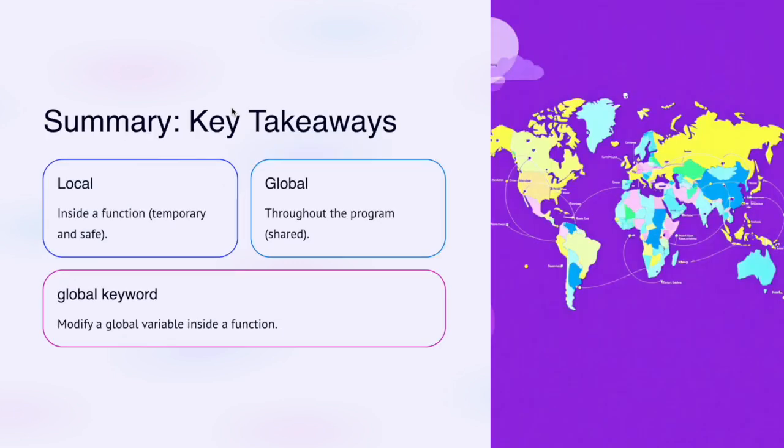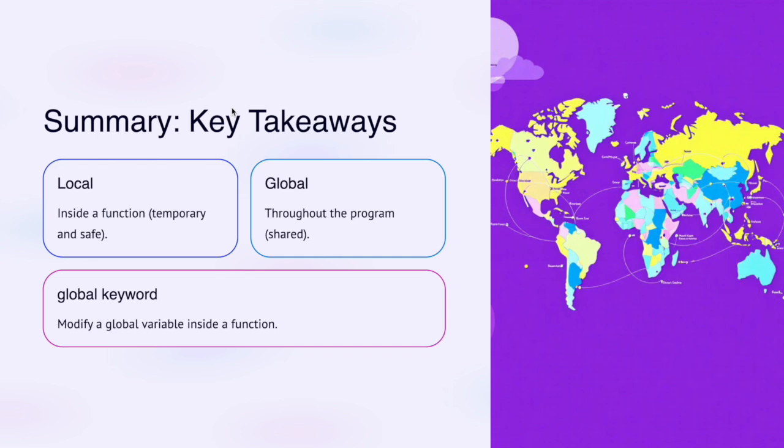So what are the key takeaways? Local variables get defined inside a function. They are temporary and safe, whereas global variables run throughout the program and get shared among various functions.